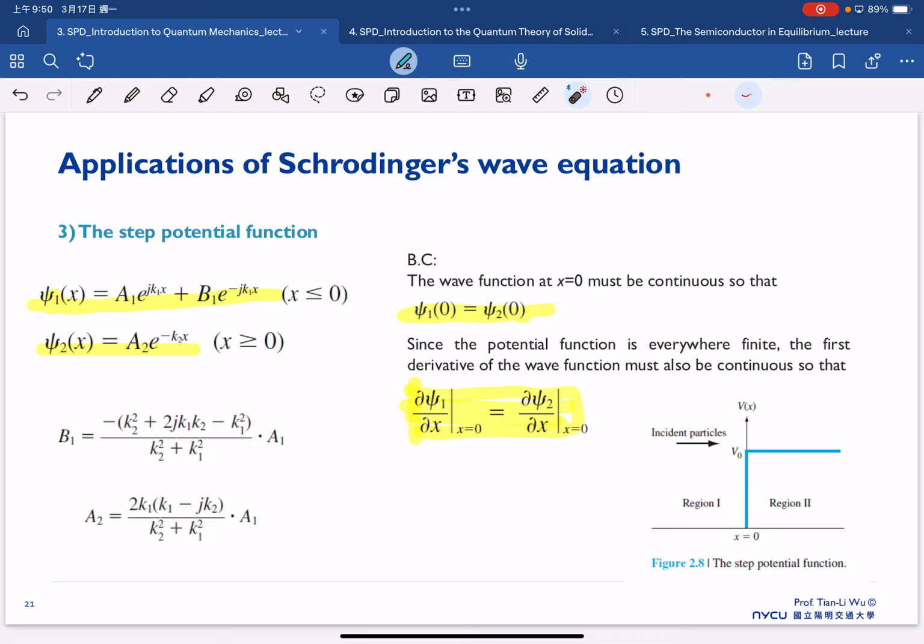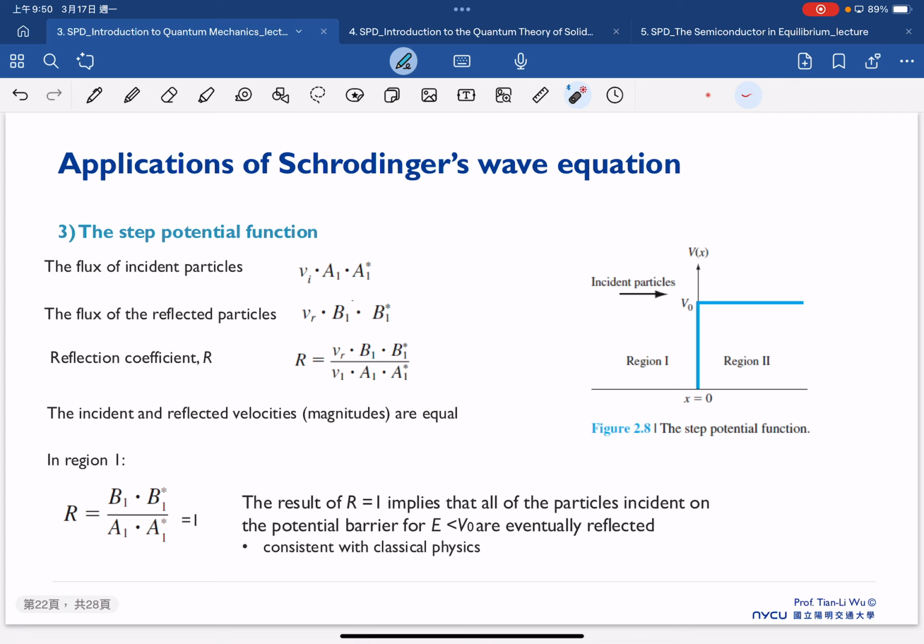So finally, once we solve it, we get a wave function in region 1, a wave function in region 2, and then the coefficients A1 and B1. And the last part, which is our conclusion, is that in considering the state function, first of all, we have the flux of incident particles.